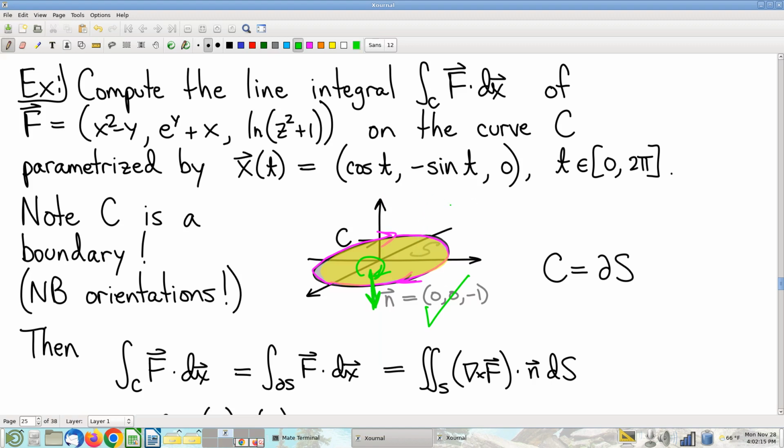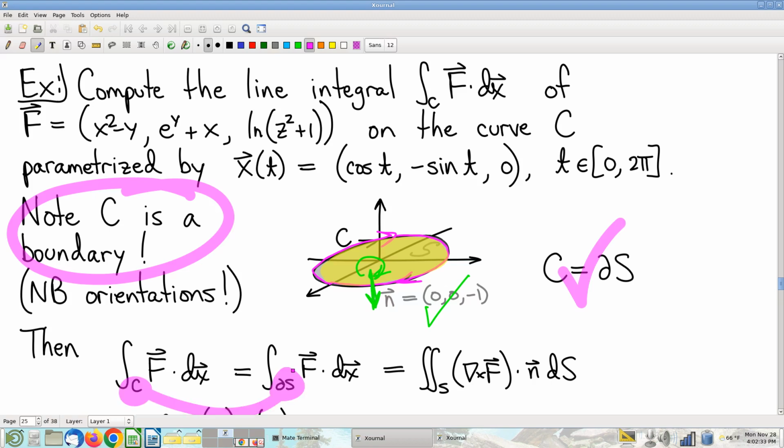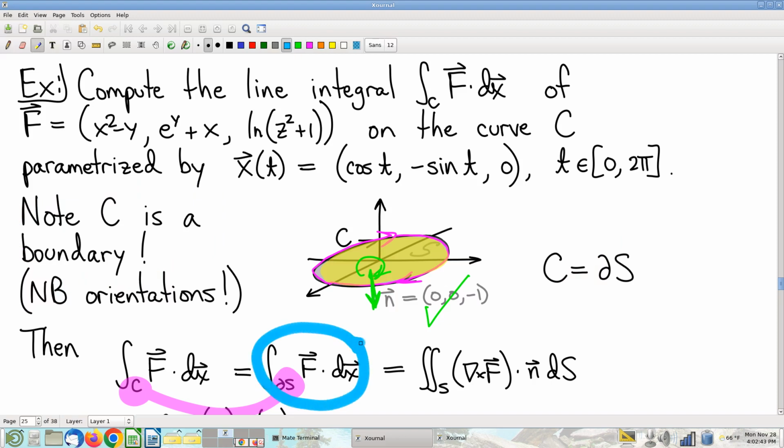Okay, so we have a boundary. Our purple curve is a boundary. And yeah, you got to pay attention to the orientations, but knowing that it's a boundary, realizing that the curve that we were given is the boundary of a surface that we now understand, we can just invoke Stokes' theorem that says that boundary circulation is the flux of the curl through the anti-boundary surface.